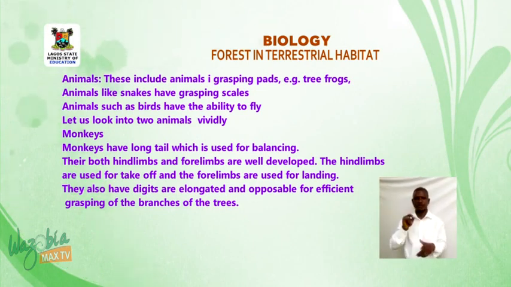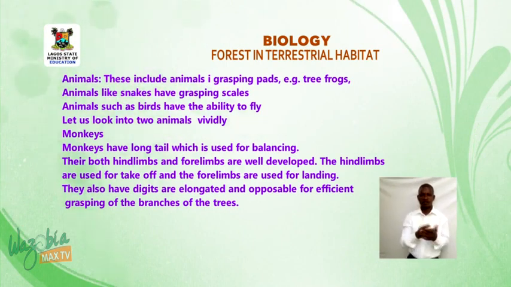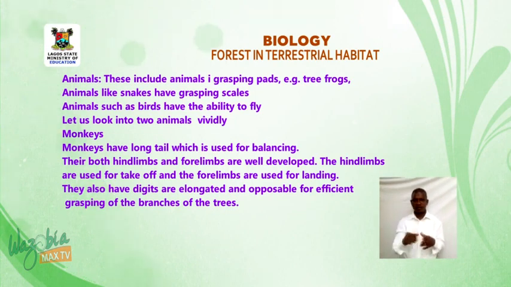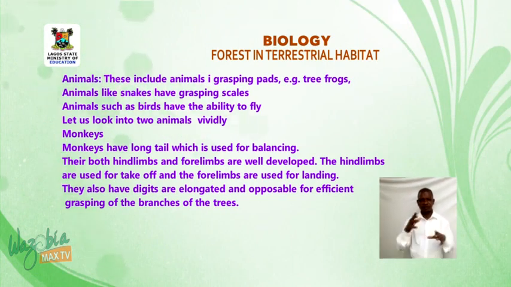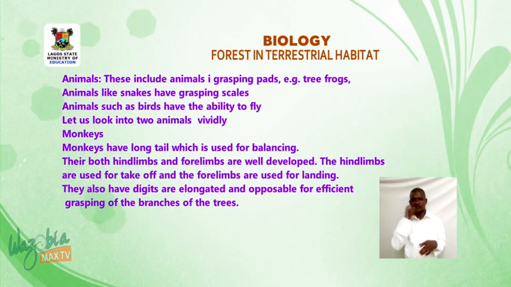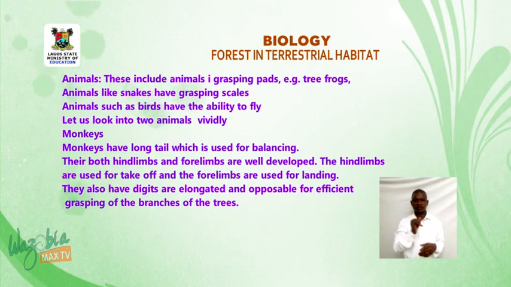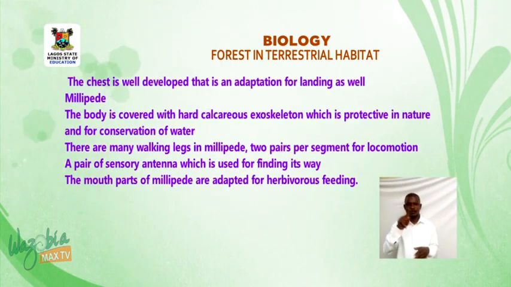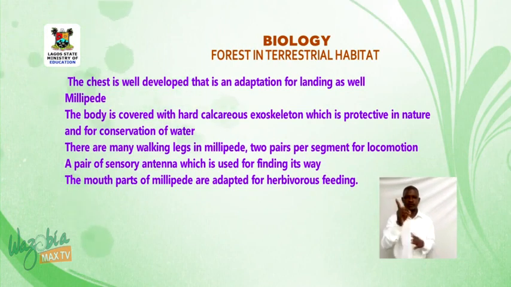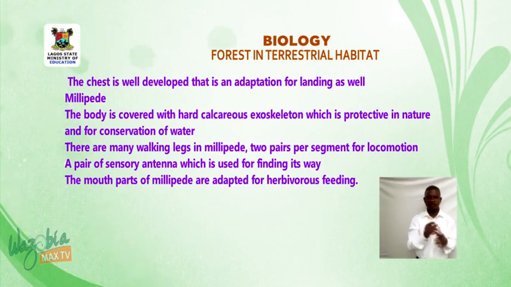They also have digits which are elongated and opposable for efficient grasping of the branches of the trees. The chest is well developed. That is an adaptation for landing as well.